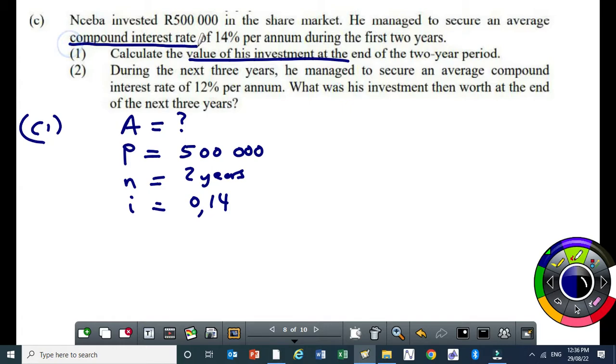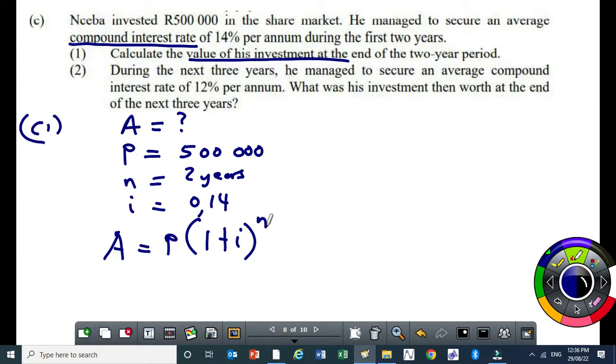When you read the question, please make sure you look for simple interest or compound interest, because you may be tempted to use the wrong formula. If a question talks about compound interest, then you use this formula here, A equals P times 1 plus I raised to the power of N. Are you following that?